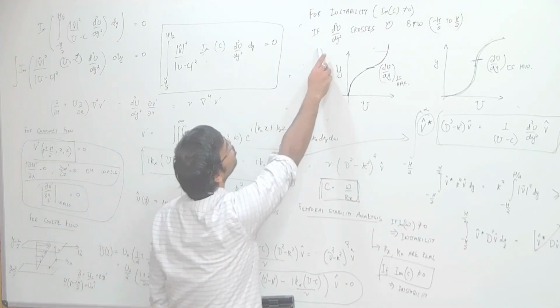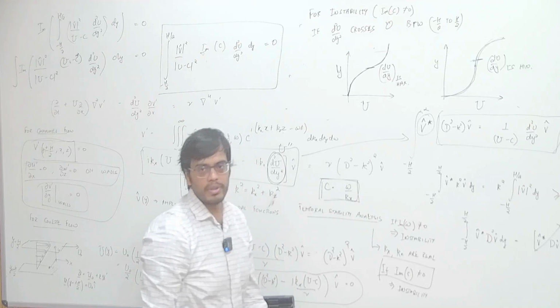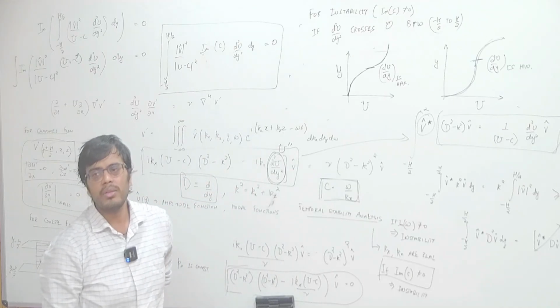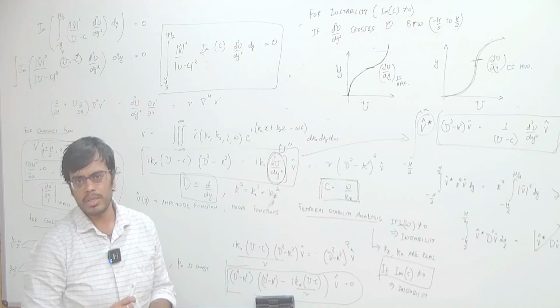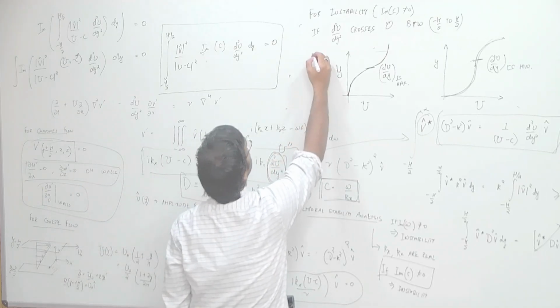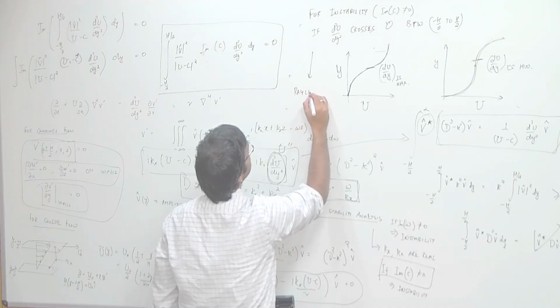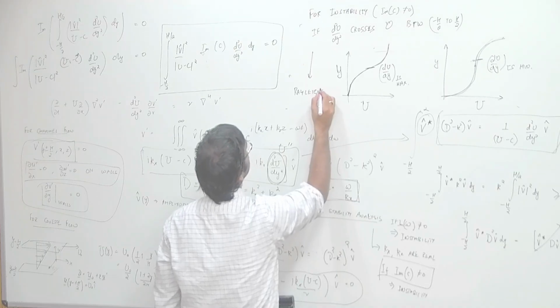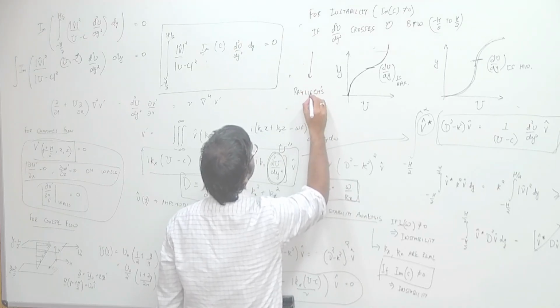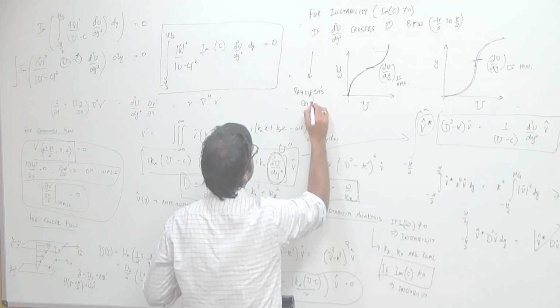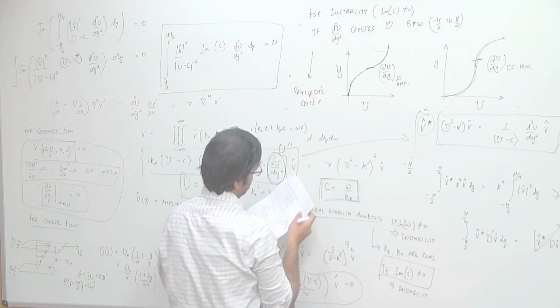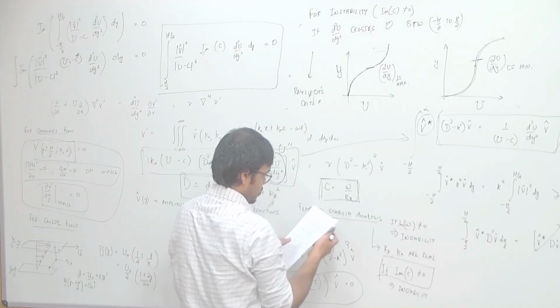That d2u by dy square crosses 0 between minus h by 2 to h by 2 is a necessary condition but not a sufficient condition, and this is called Rayleigh's criterion. So we see this guy's name appearing everywhere in fluid mechanics, right. I always mess up his name spelling.